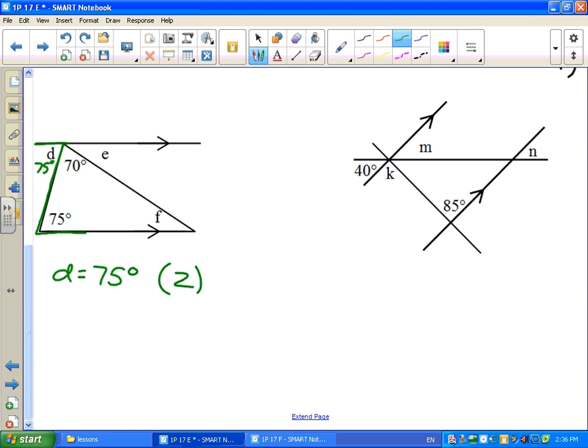How do you know it has to be 180? Because they make that straight line, right? Okay, so we can figure out angle E by doing 180 degrees minus that 70 degrees minus that 75 degrees. Punch this into our calculator, and we get that angle E is going to be 35 degrees.